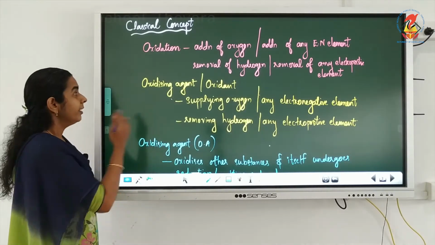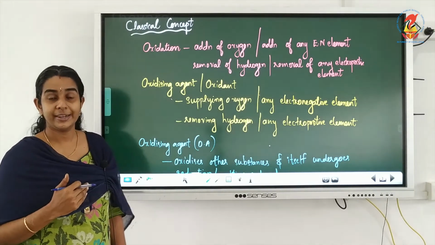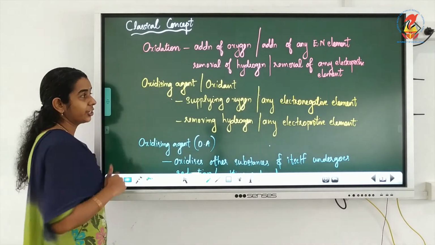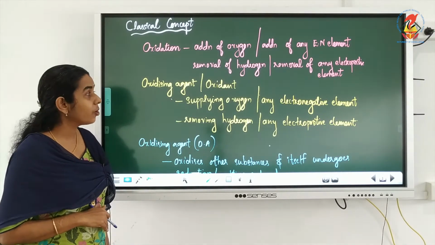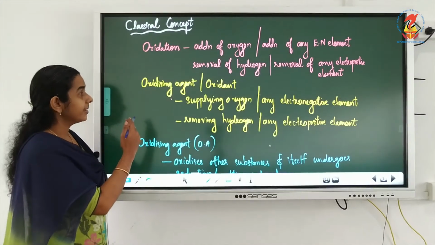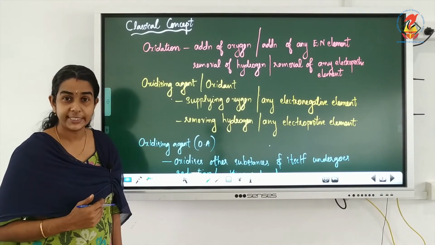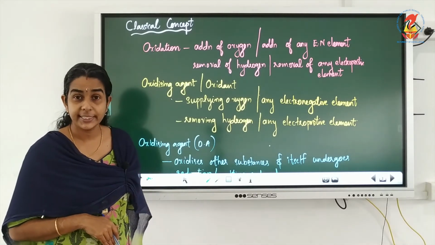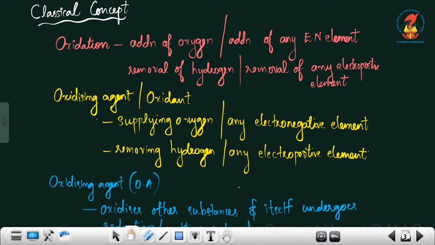Okay. Now, there is one more term connected with oxidation, that is oxidizing agent, or we can call it as oxidant. What is the definition for an oxidizing agent or oxidant? Yes, the one which is supplying oxygen.